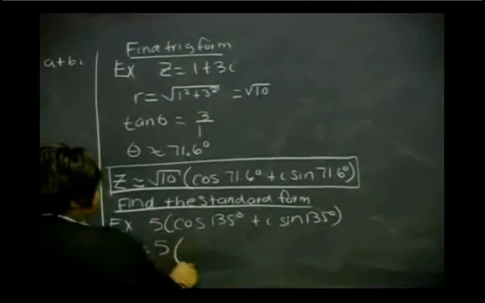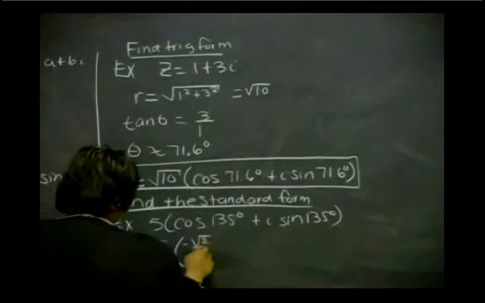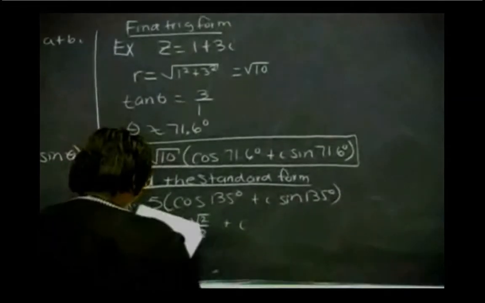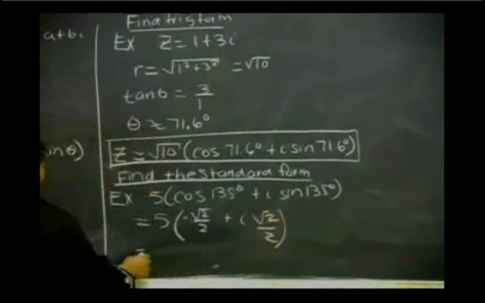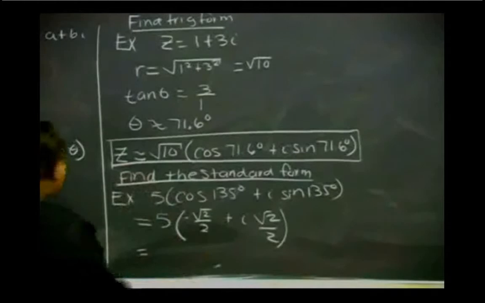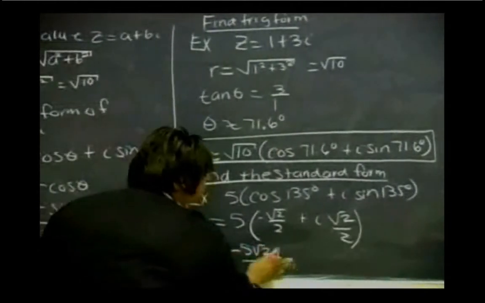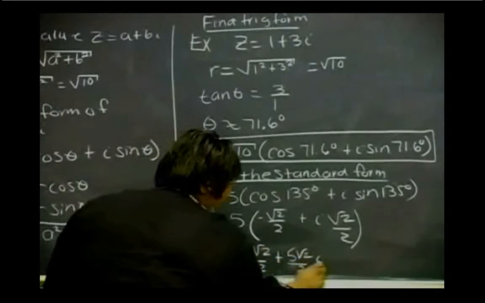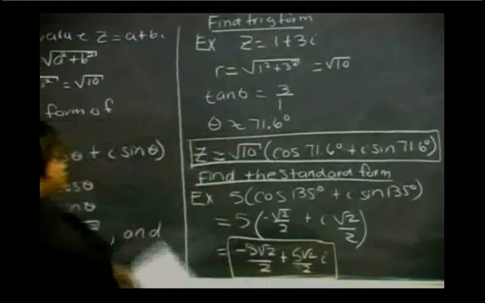So we figure out cosine of 135 degrees is negative square root of 2 over 2, and sine of 135 degrees is positive square root of 2 over 2. Now, in order for this to be in its standard form, we need to distribute our 5. So we have negative 5 square root of 2 over 2 plus 5 square root of 2 over 2 i. So we can go from one form to the other.